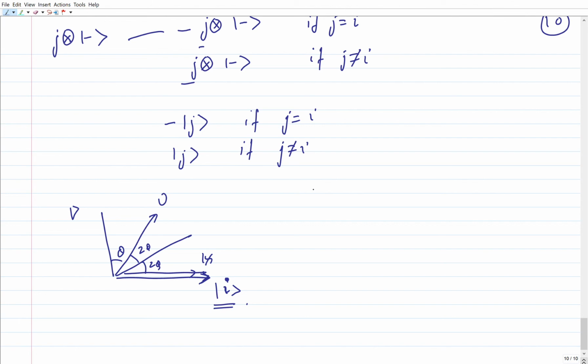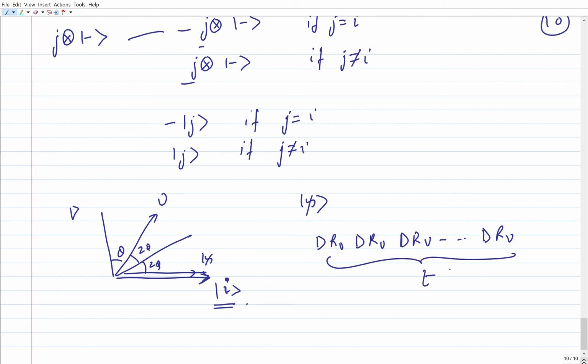So ultimately what you need to do is to keep applying, alternatingly, the diffusion operator and the reflection about V operator, so that ultimately, given an initial state psi, you keep on applying D RV, D RV, D RV, t times, let's say, to the initial state to get a particular state psi t.